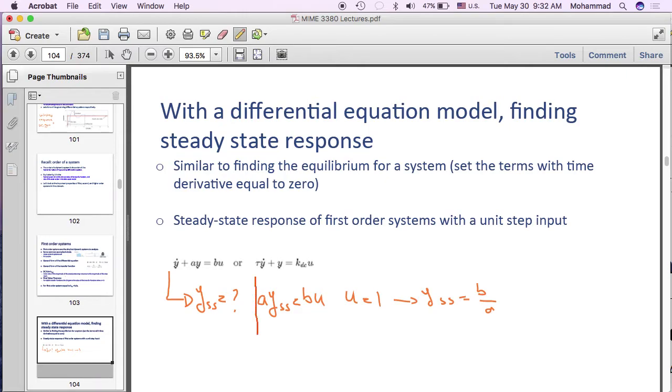If you take the other form of this differential equation, which is the standard form, y steady state becomes K_DC times u, and under the exact same condition, you can see that y steady state is simply equal to the DC gain, and that is the meaning of the DC gain. Just a quick short practice.